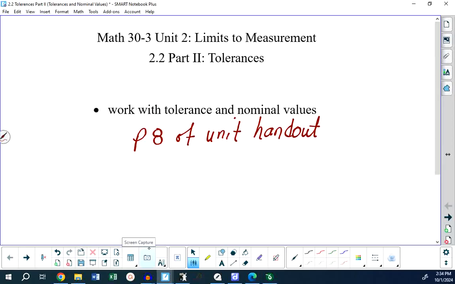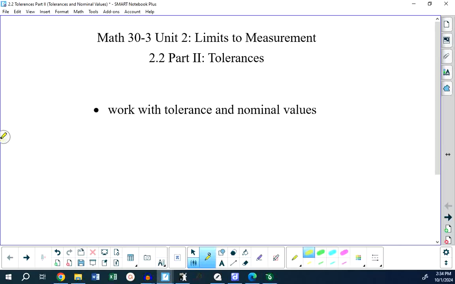And for the rest of the unit, we're talking about tolerance and what's called a nominal value. And I might as well start off the lesson by telling you that the word nominal means ideal. Okay? The word nominal means ideal. It's what you're aiming for.